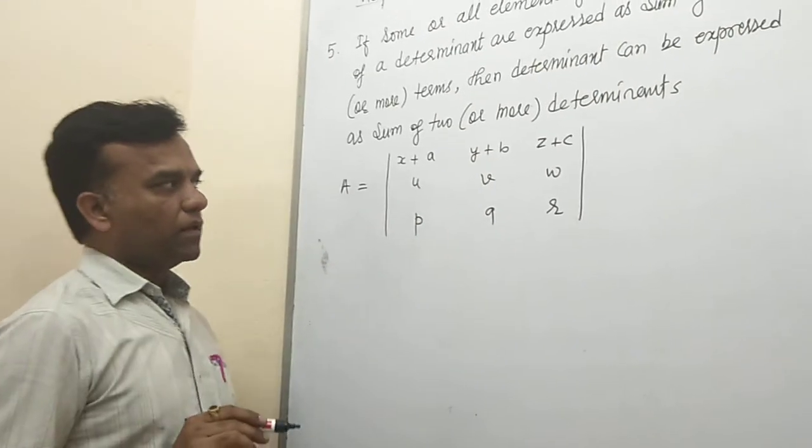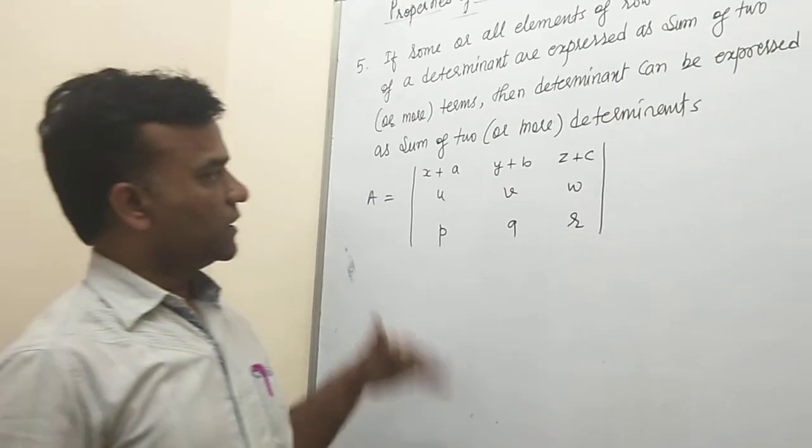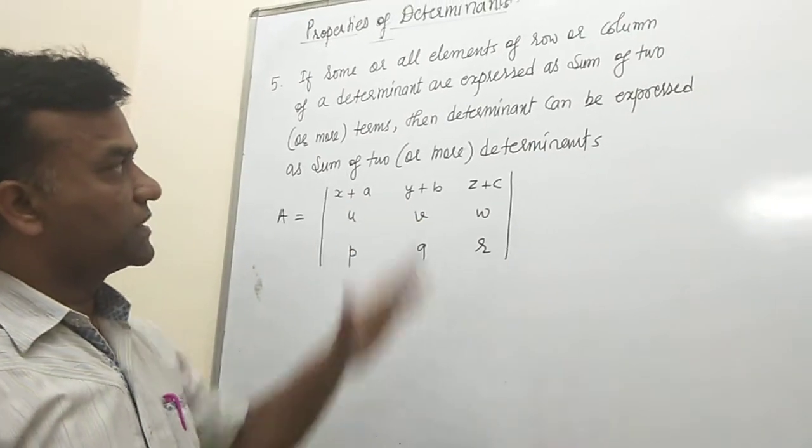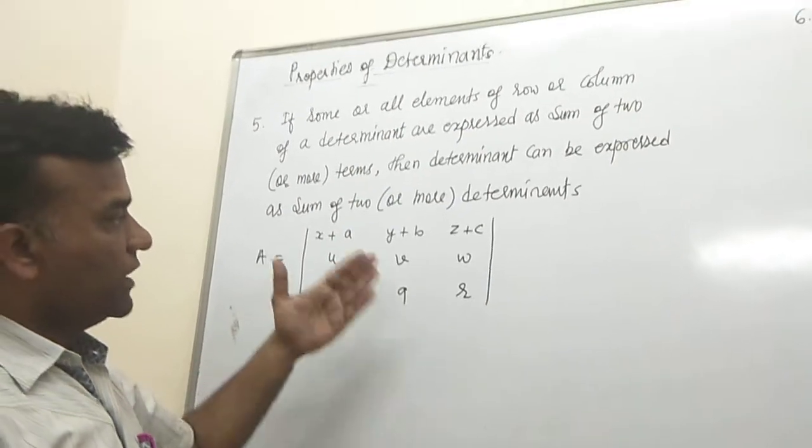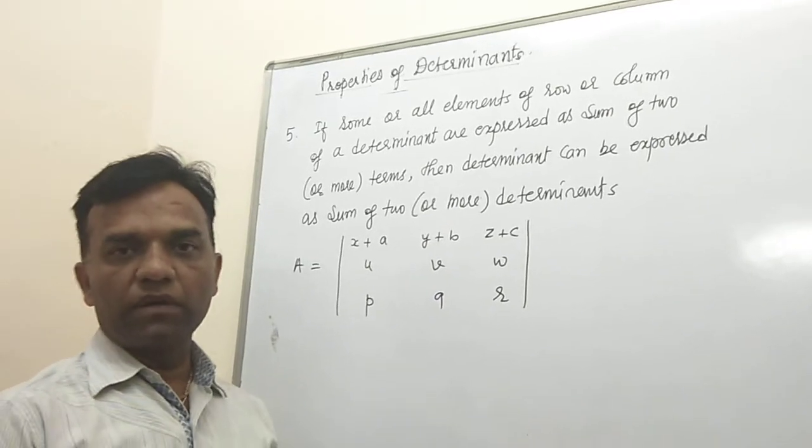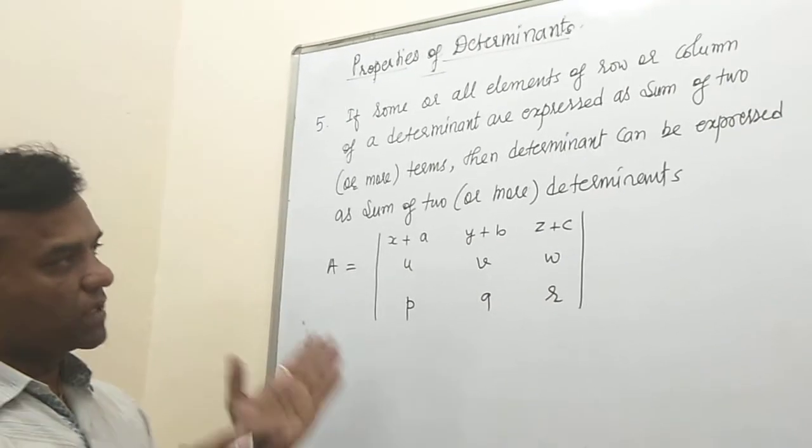Then your first row is x plus a, y plus b and z plus c, because here we write any two values in the form of a sum or difference in the first row, or maybe in the first column.